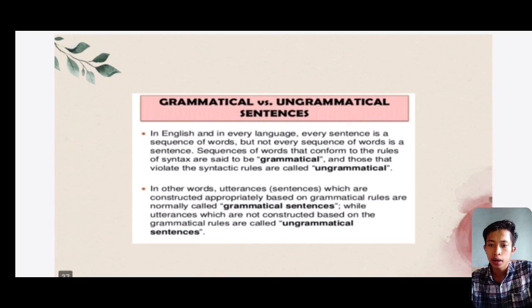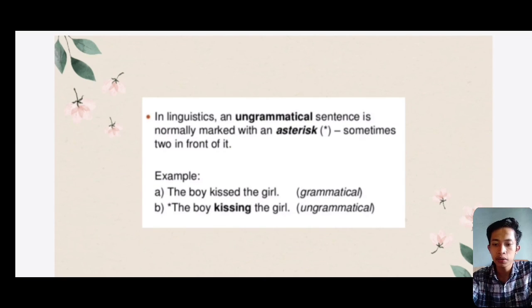In other words, utterances or sentences which are constructed appropriately based on the grammatical rules are normally called grammatical sentences, while utterances which are not constructed based on the grammatical rules are called ungrammatical sentences. In linguistics, an ungrammatical sentence is normally marked with an asterisk, sometimes two, in front of it. For example, the boy kissed the girl. That is a grammatical sentence. The boy kissing the girl. That is an ungrammatical sentence.